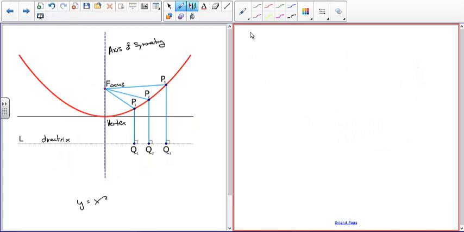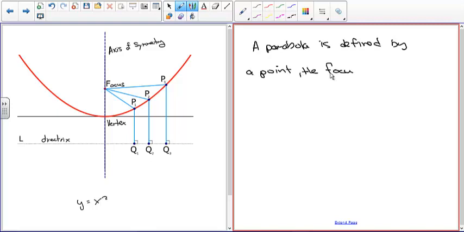So I'm going to just write this out. A parabola is defined by a point, the focus, and a line, the directrix.